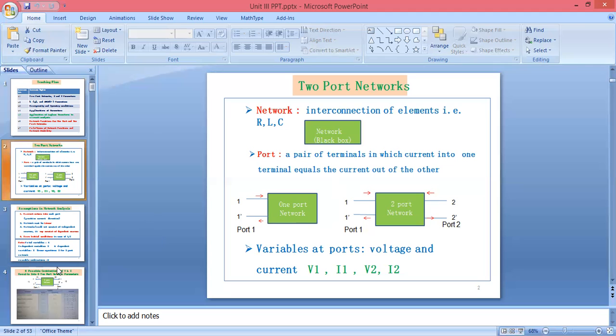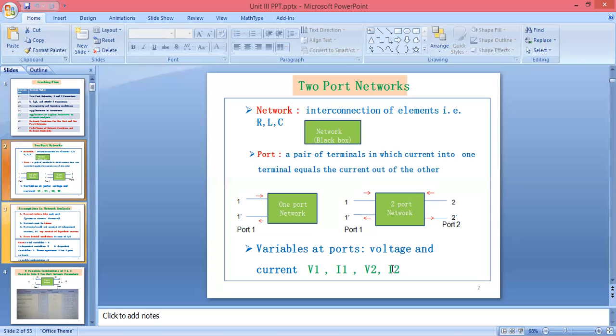Then we have to see the different parameters of the two-port network. These depend on the dependent variables. So here we have four variables: V1, V2, I1 and I2. Voltage across port 1, voltage across port 2, current flowing through port 1, current flowing through port 2.